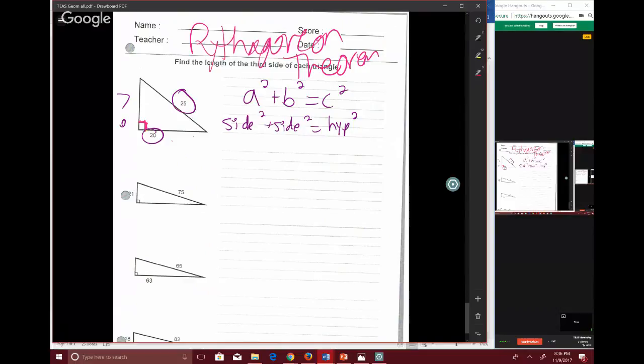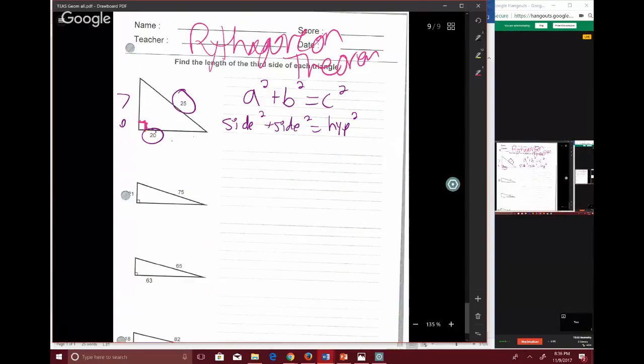So the side is a, the side is b. It doesn't matter which one's which. They're not the same. I'm not saying that the two sides are always the same as one another. I'm just saying that it doesn't matter where you put them in the equation, because when we add two things together, it doesn't matter if we do 1 plus 2 or 2 plus 1, you're going to get the same thing. The hypotenuse has to be over here. The hypotenuse is the diagonal side, and it's going to be different.